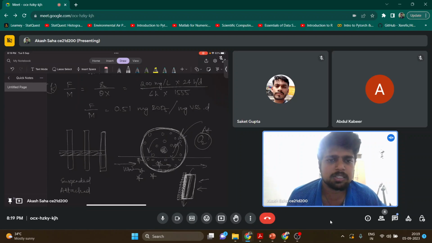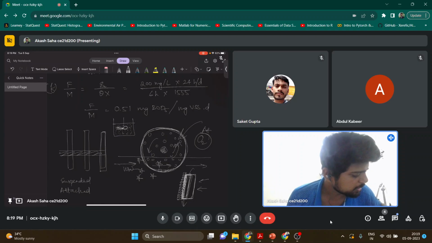Did you understand? This is an attached growth system. In the case of ASP, in my aeration tank, all my microorganisms were in suspended motion. They were moving here and there with the help of stirrers and coming in contact with the organics. But in the case of the rotating biological contactor, the disk is continuously moving.